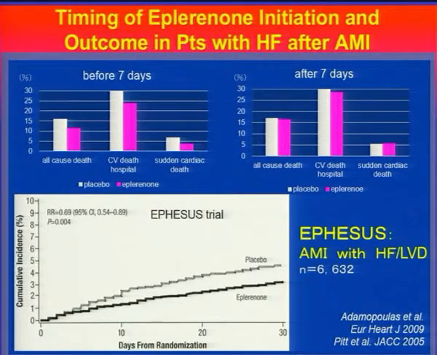However, interestingly, if eplerenone was started within the early phase, before 7 days after onset, it is effective. But if we start after 7 days, then it is not effective. That means the timing of the initiation of the drug is very important in determining LV remodeling.